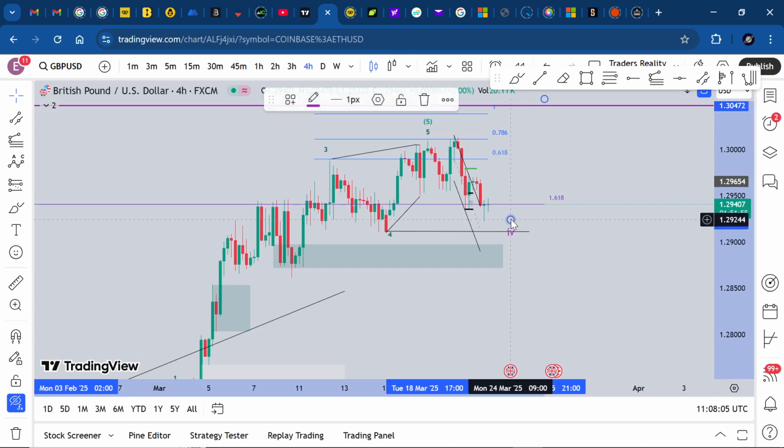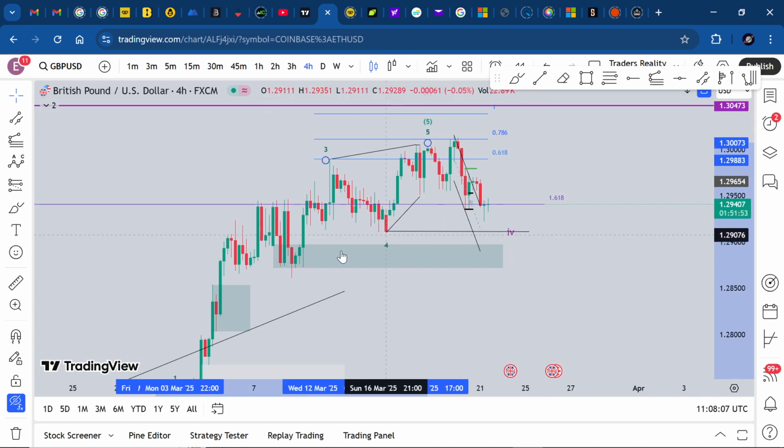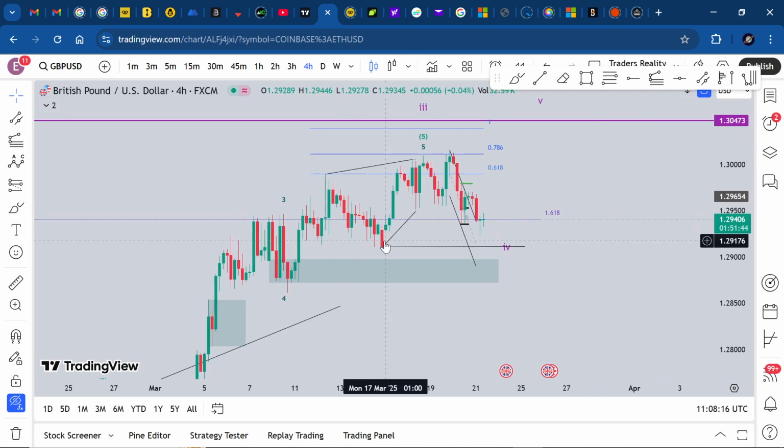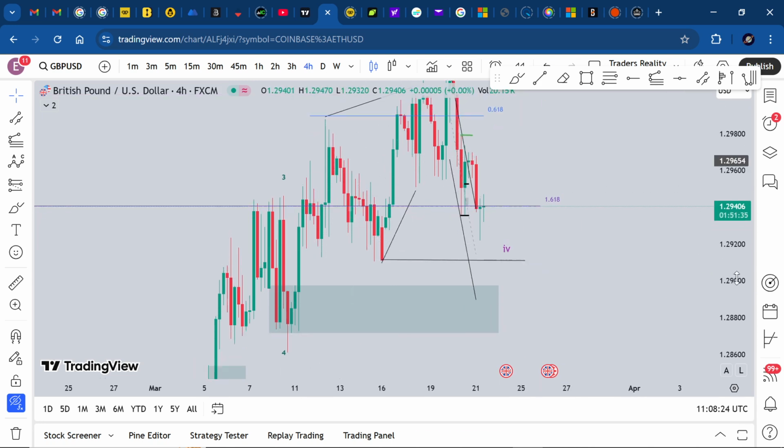Well, either way, wherever my 3-4 goes, it's clear that this is a 4, this is a point of interest. Even if it is a 4, it still has liquidity beneath it.